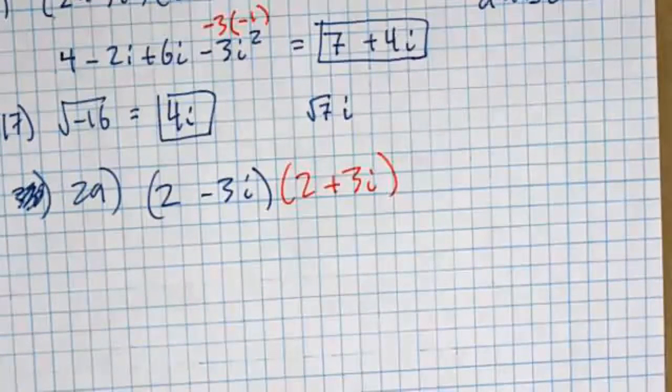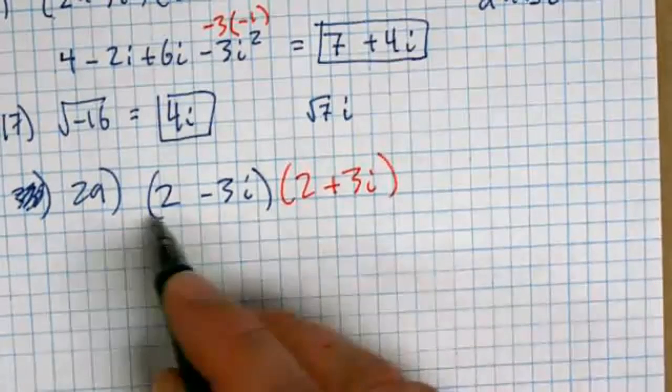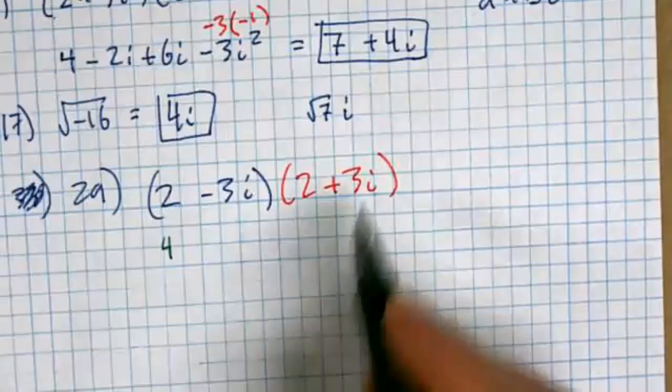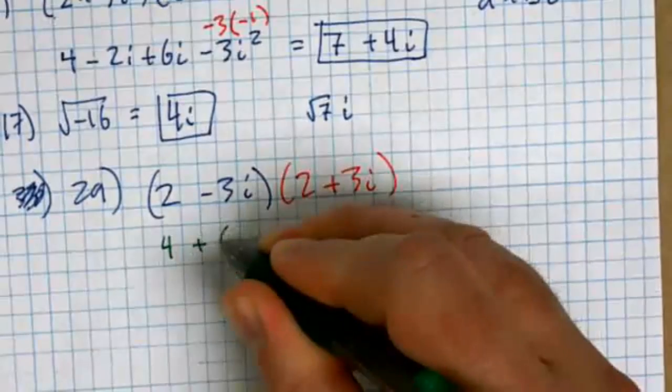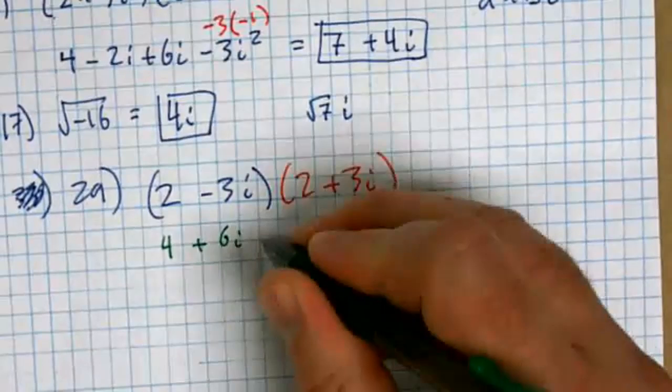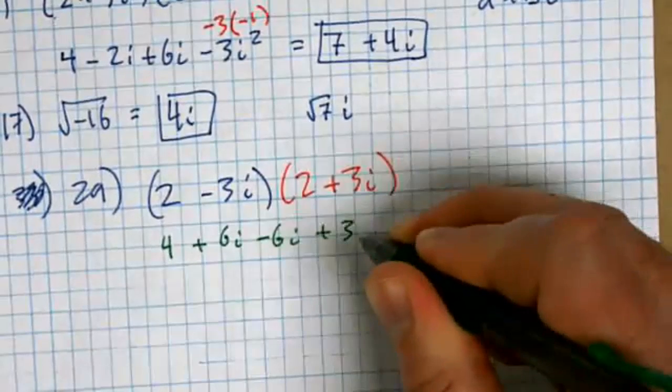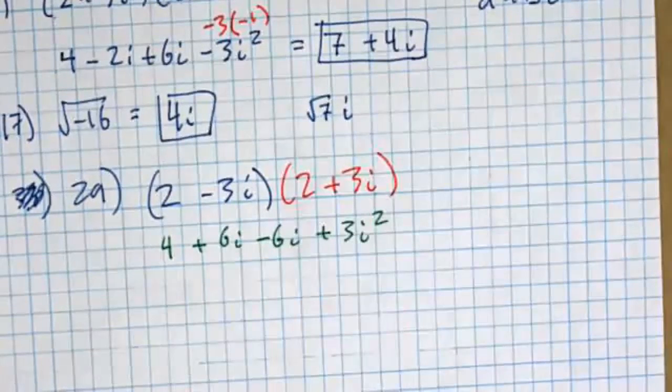Something happens when you multiply a number by its conjugate. If you do FOIL, you're going to see that your middle terms cancel out. I'm going to write this out, but we're going to eventually come up with a shortcut. So FOIL: first times first is 4. Outside times outside is plus 6i. Inside times inside is minus 6i. Last times last is minus 3i squared.